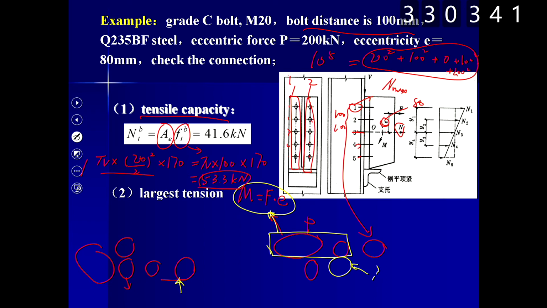The A will be equal to what? 220. It will be equal to 100. Is that right? But we calculate using the effective E.